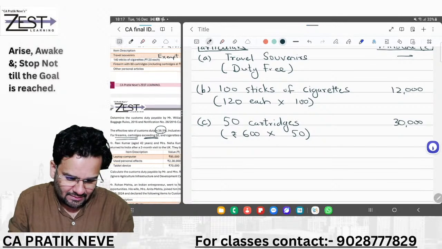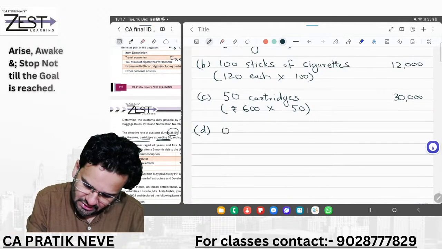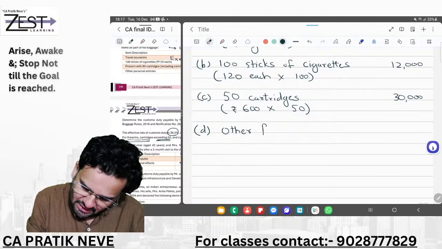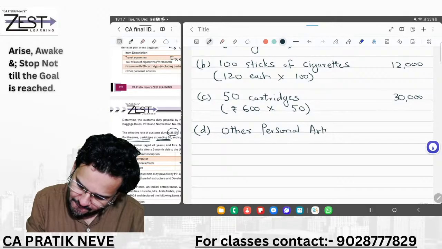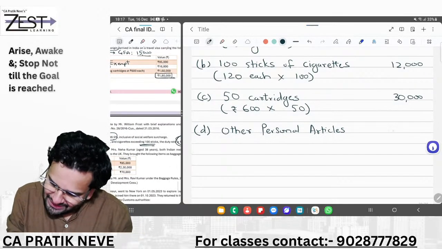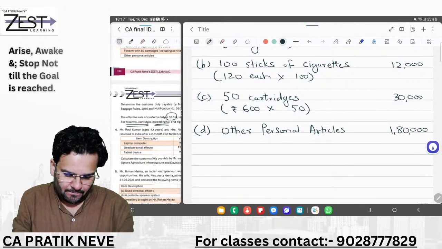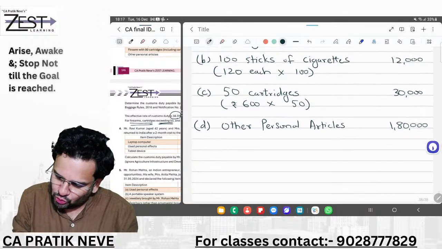And then other personal articles. So of course, other personal articles will be taxable. Other personal articles are of 1,80,000. That's it. Please take the total now.